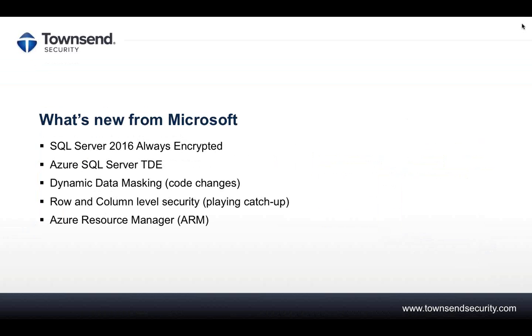Or think about moving data from SQL Server into Azure. Those are use cases that Microsoft would use when describing Always Encrypted. And so that's a new feature. Again, SQL Server 2016 is where that gets implemented.